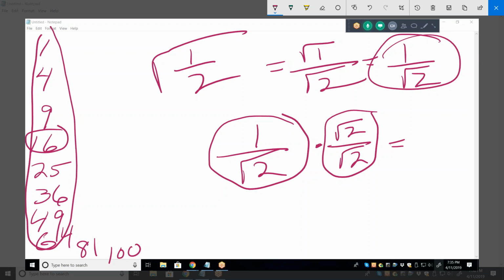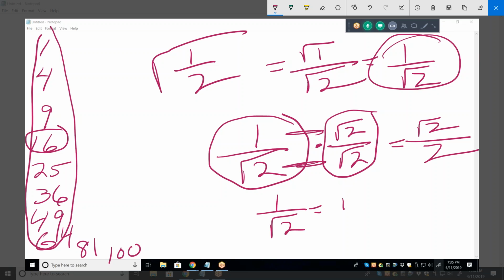1, 1. No, multiply numerators, multiply denominators. What's 1 times square root of 2? 1 root 2. What's square root of 2 times square root of 2? 2. Therefore, 1 over square root of 2 is usually written like that.